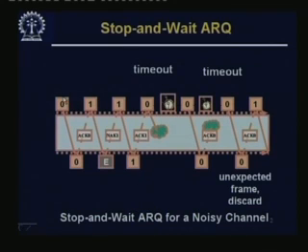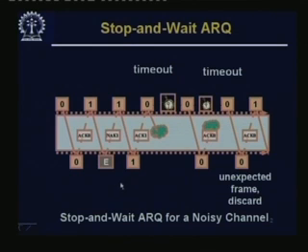The sender station sends one packet and waits for the ACK. If it comes with some error, the receiver may send a negative acknowledgement. It may not arrive at all, in which case the sender will time out. In either case, when it gets a negative acknowledgement or a timeout, it will retransmit whichever frame was just transmitted earlier.